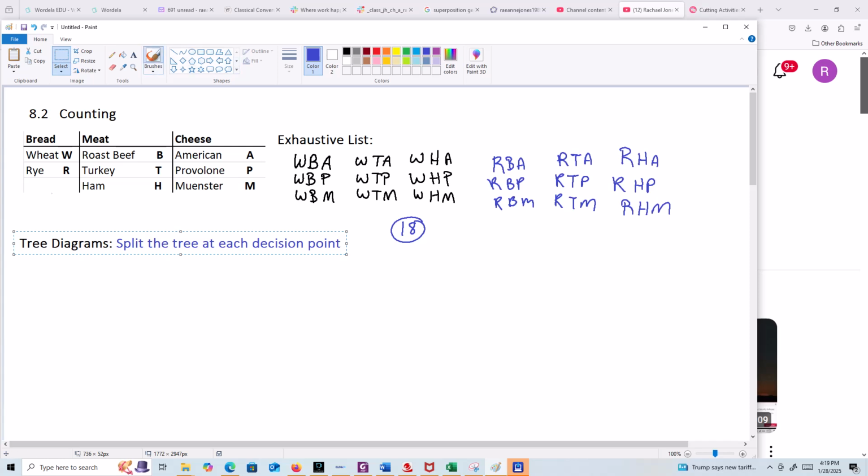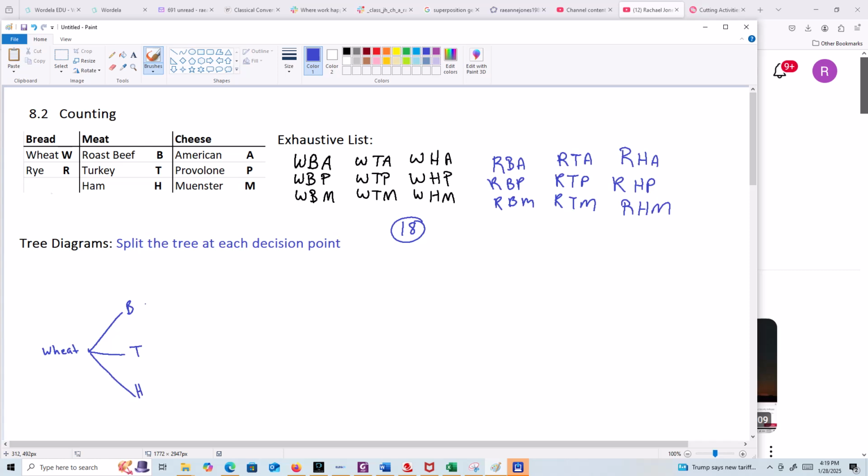So with the tree diagram, we have the wheat, and now we have a decision point because we could pick beef, we could pick turkey, or we could pick ham.